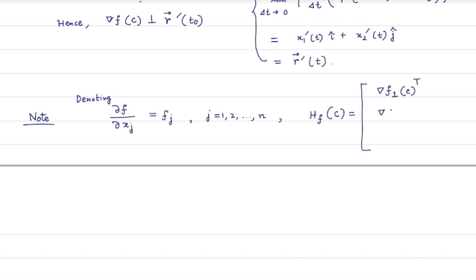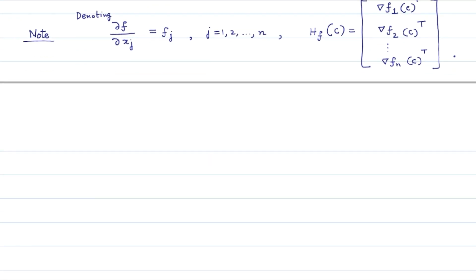The second row is gradient of f2 at C, its transpose, and the nth row is grad fn at C, its transpose. Please tally this expression of the Hessian matrix with the Hessian matrix that I have defined earlier in this lecture.